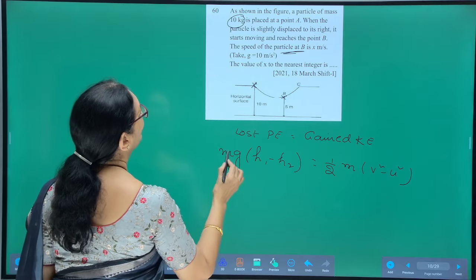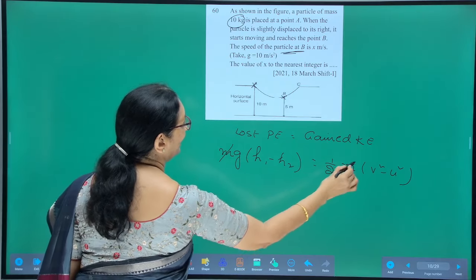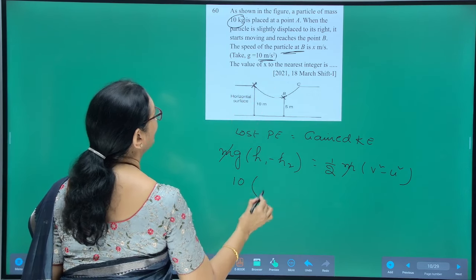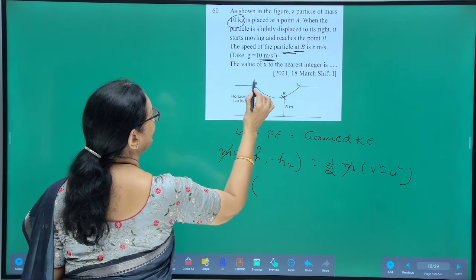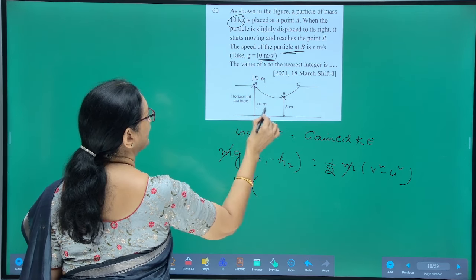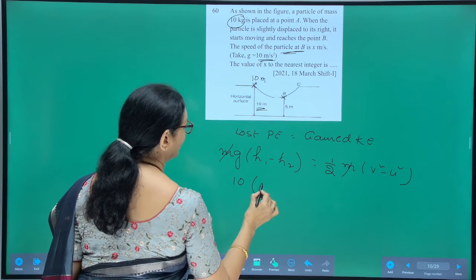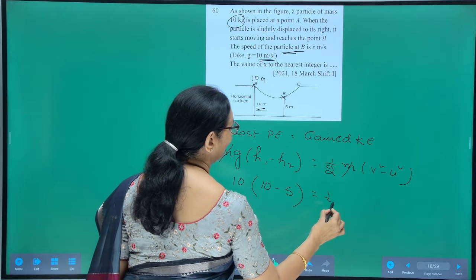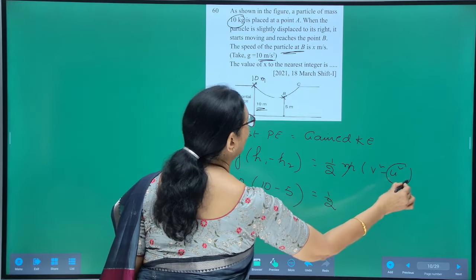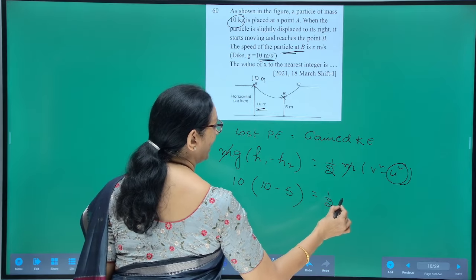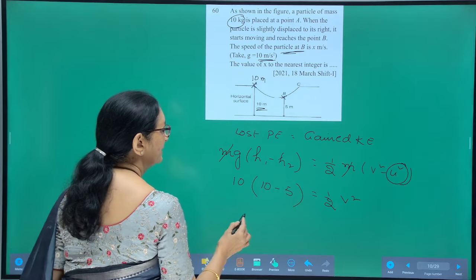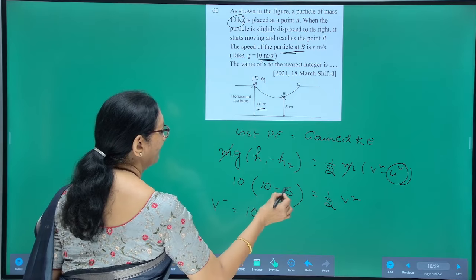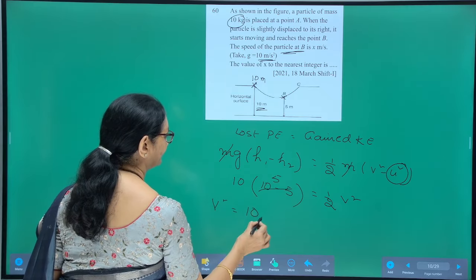Look here, m and m get cancelled, g is given as 10, h1 is at a height of 10 meters and this is at a height of 5 meters. So, 10 minus 5 is equal to half. Initially it is at rest, so half into v square. So, from this, v square is equal to 10 minus 5, which is 5.